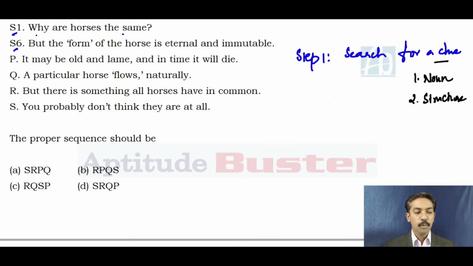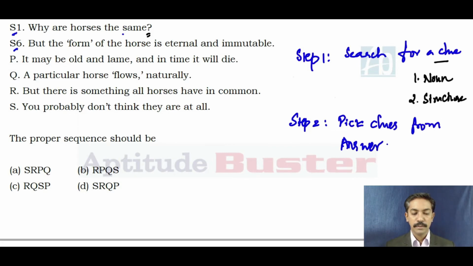Let's try it. Why are horses the same? S1 begins with a question. What will be the second sentence? The second sentence must provide an answer for this question, right? Now, step 2 is to pick clues from answer choices. What do I mean by that?